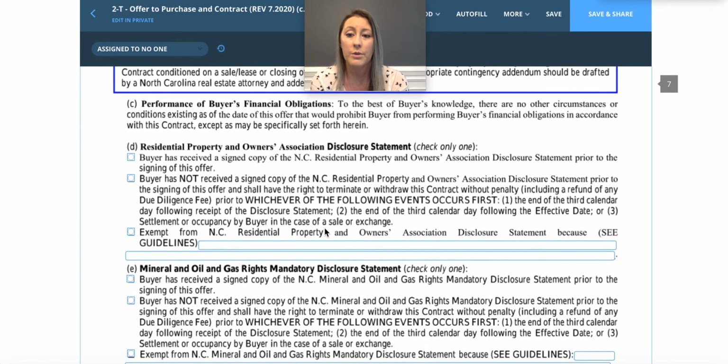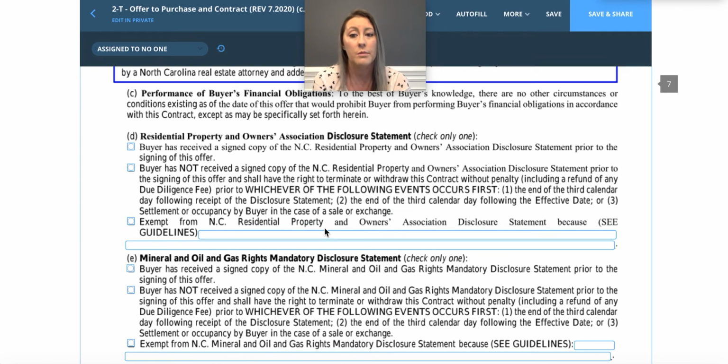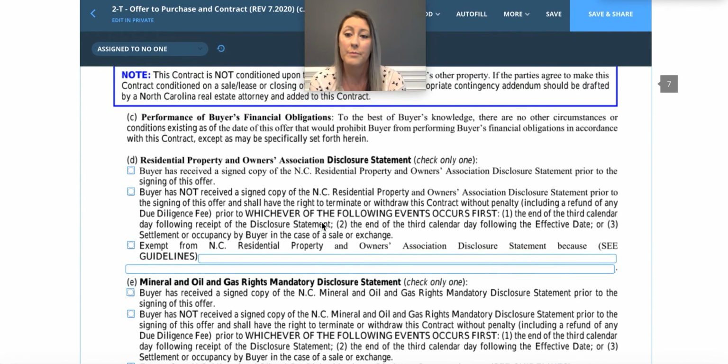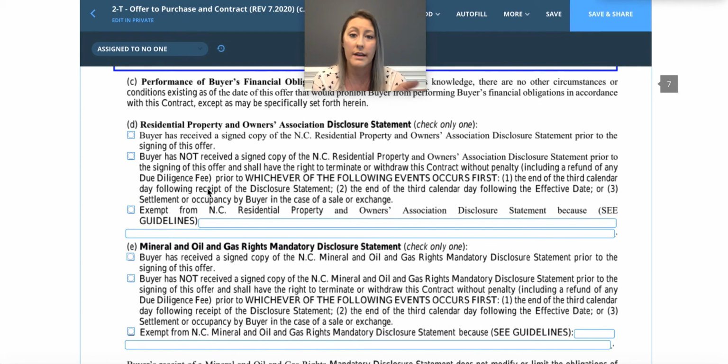All right, next we're going to get down to the Residential Property and Owners Association disclosure statement and the Mineral, Oil and Gas disclosure, which I like to call MOG, and some people don't like it when I call it that. So residential property owners, this will be again on the MLS or whatever site that you get your information from. It's usually in the document section, and you can download this. And I always download it and send it right over with my clients when they're filling out this offer to purchase.